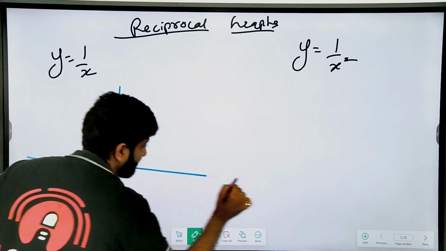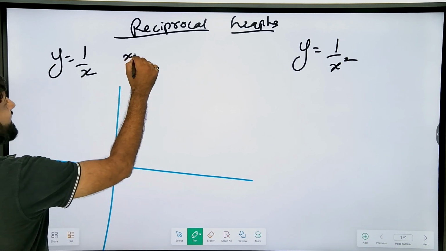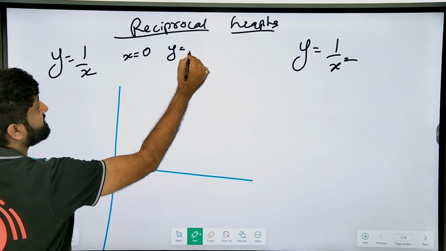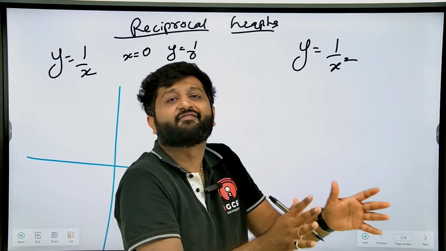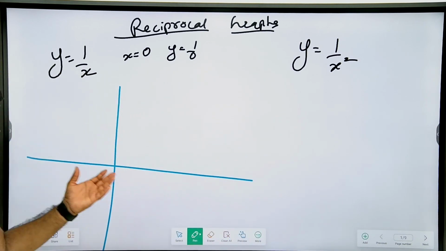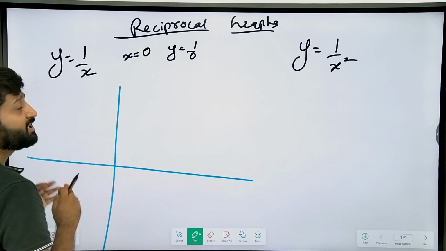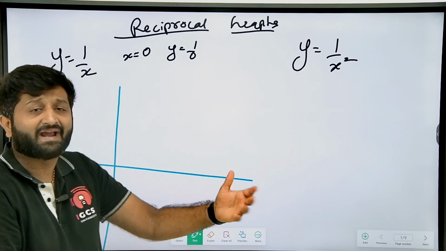Let's say this is a graph, right? Now what is going to happen? Now, guys, when x is 0, y is 1 by 0. Now 1 by 0 is something that is not defined, right? You cannot divide 1 by 0. So obviously this graph is never going to reach the y-axis because 1 divided by 0 is not defined.